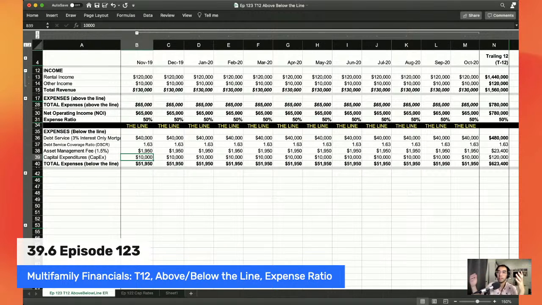These are discretionary expenses. Now, in this example, your net operating income is $65,000 and the debt service is only $40,000, so that leaves $25,000 left. You pay the asset manager $2,000, there's still $23,000 left. And so then you can still put $10,000 into the asset and invest it.